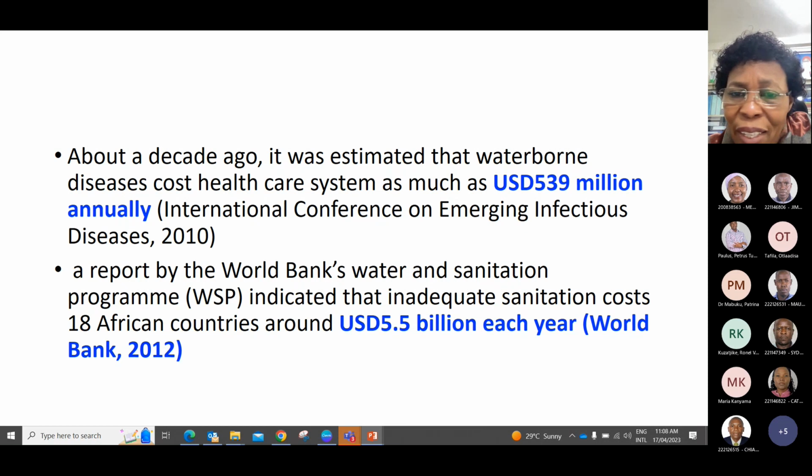Again, there are so many things that we need this money for. In most African countries, hospital coverage, especially in rural areas, is not that adequate.